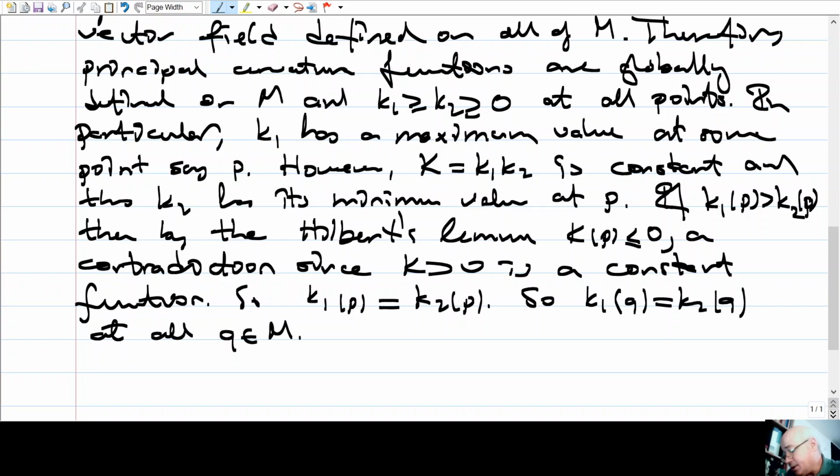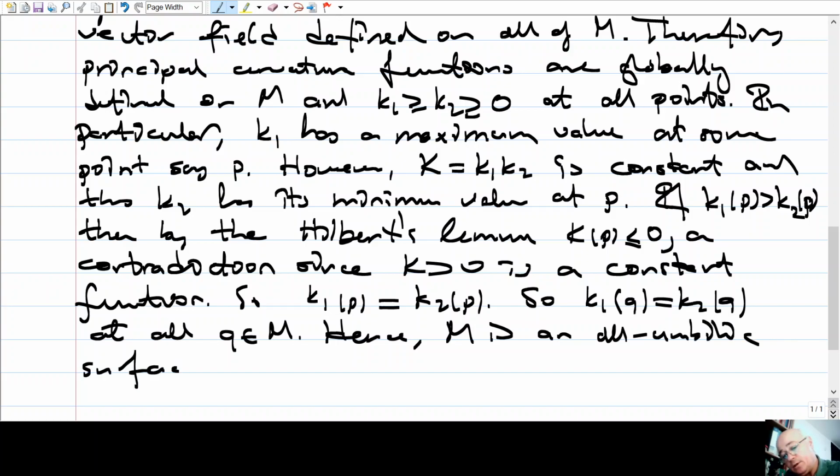Well, this means that M is an all umbilic surface. Therefore, it is either a part of a sphere or a part of a plane. Since the Gaussian curvature is positive, it should be a part of a sphere.